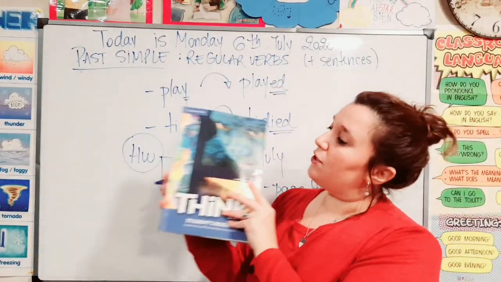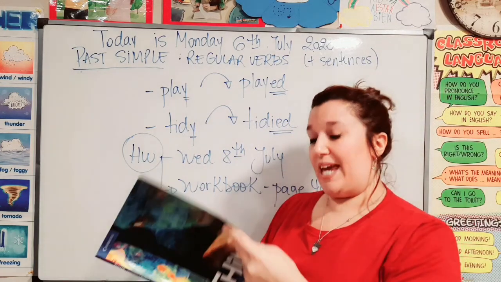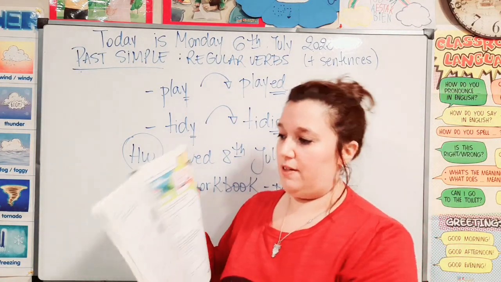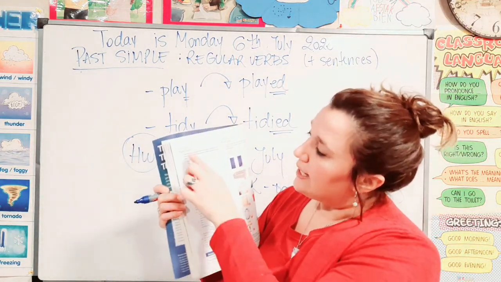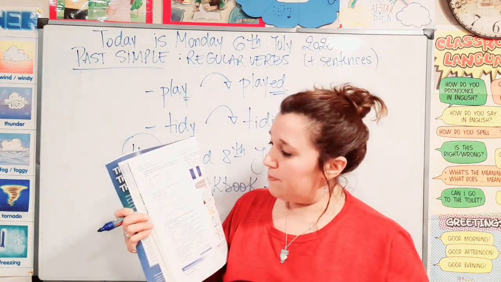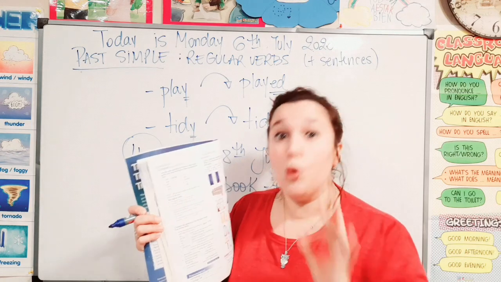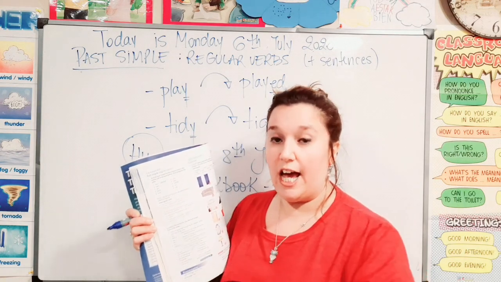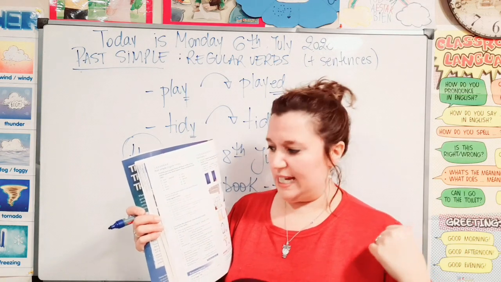And from the student's book, page 50. Here you have to complete with the regular verbs in the past. You have to complete the rule that I have just explained.